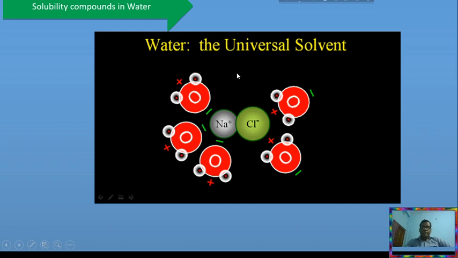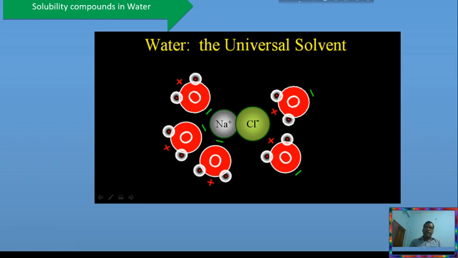So dear students, this is sodium chloride. If we add sodium chloride to water, what will happen here? Sodium and chlorine, these positive and negative charges, are attached to each other by an electrostatic force.